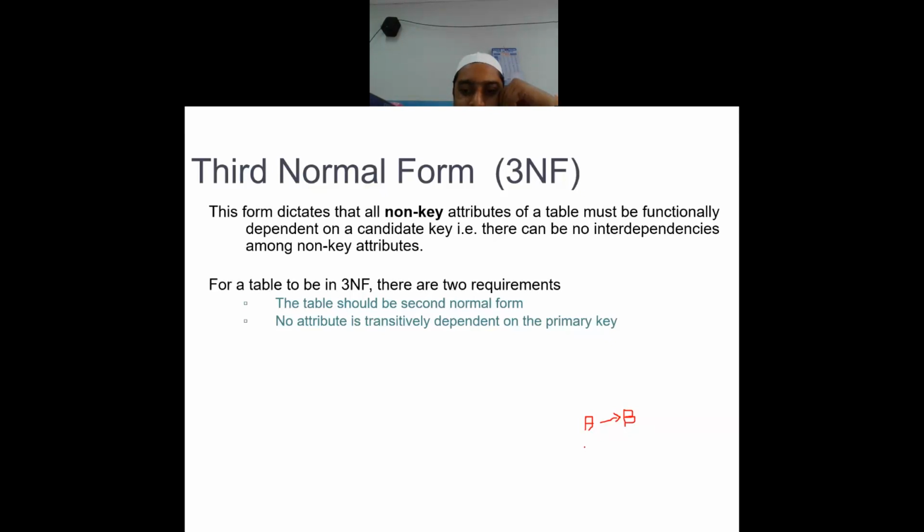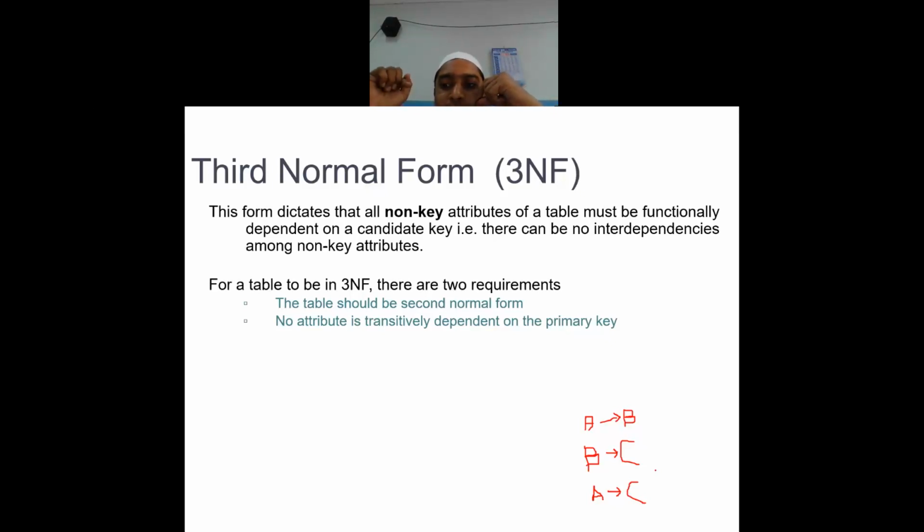There was one property called as A gives B. B gives C. Therefore, we concluded that A gives C. Can you remember this property?